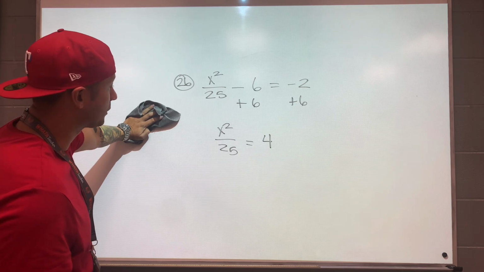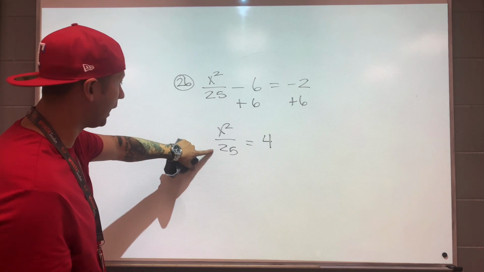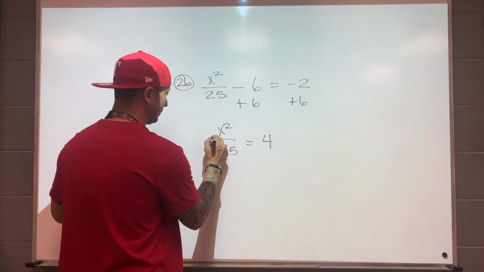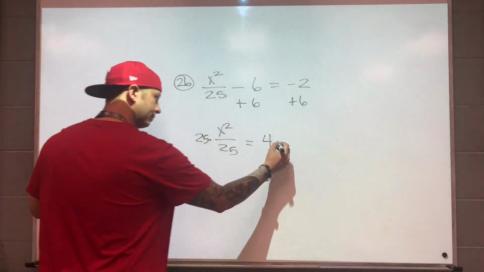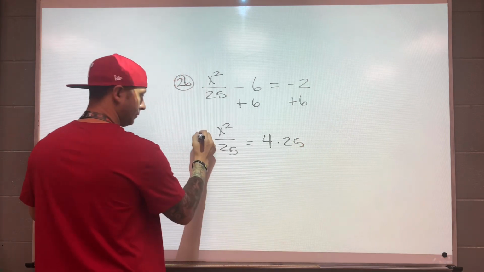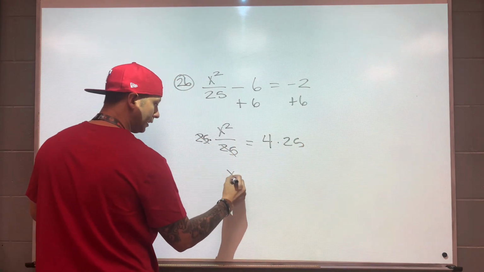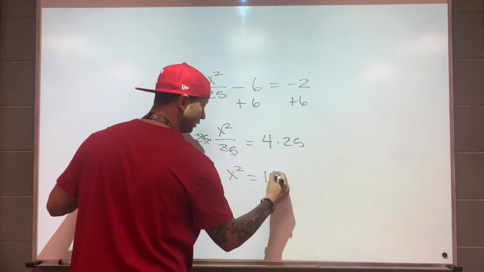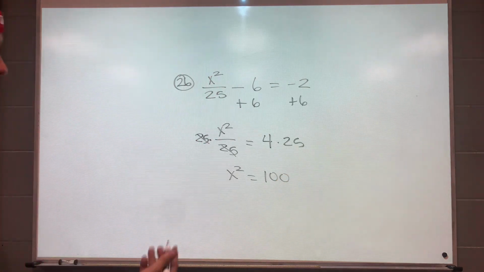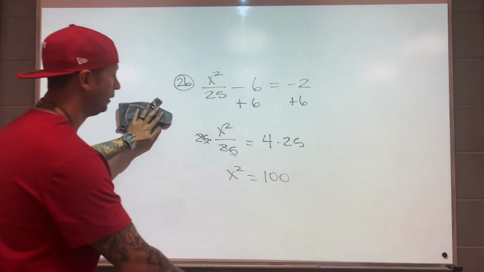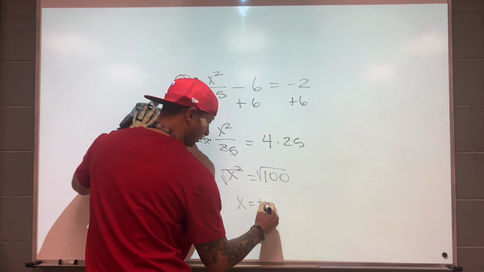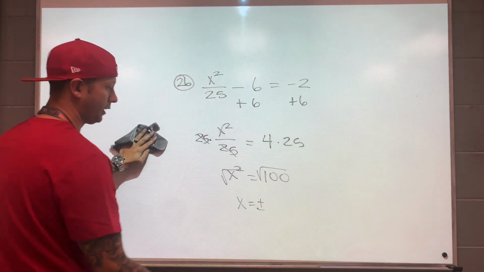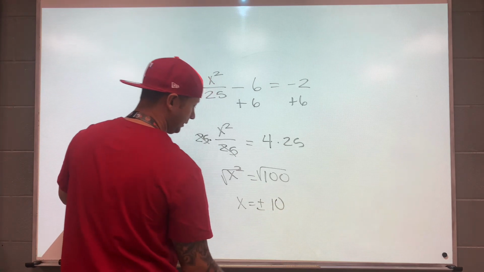I want to solve for x squared, so I've got to get rid of the denominator. I'm going to multiply both sides by 25. Those cancel. x squared is equal to 100. Oh, this is nice. 100 is going to be a perfect square for sure. So solving for x is equal to plus or minus square root of 100, which is 10.